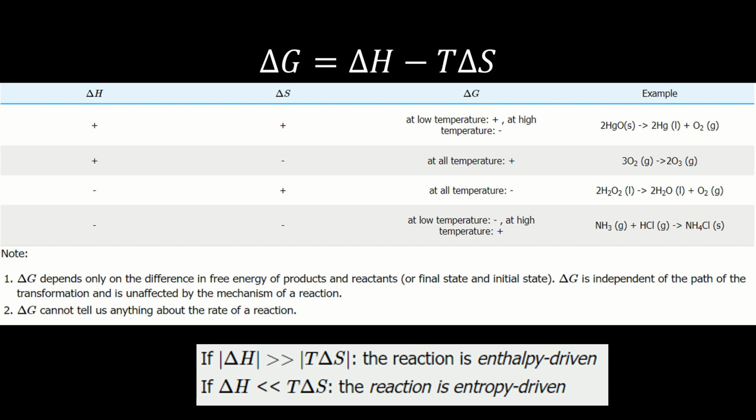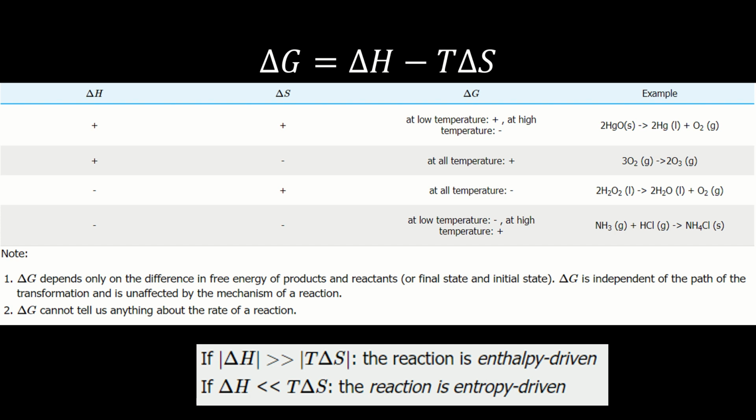Another way of looking at all this is if we look at free energy change equaling delta H minus T delta S. This chart just lets us know certain basic things. If we want a reaction to be non-spontaneous at all temperatures, then we need free energy change to be positive.